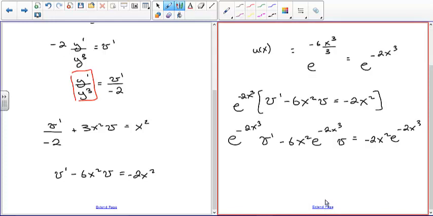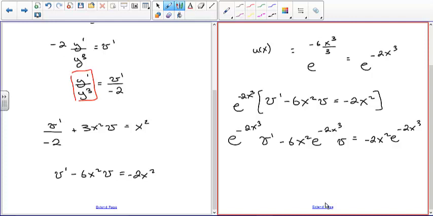Now, if I did this integrating factor correctly, the derivative of this should equal that. And if you think about the chain rule, you take this term, which is right here, and then you multiply it by the derivative of the exponent. Well, the derivative of the exponent is going to be negative 6x squared, which is what we have here.